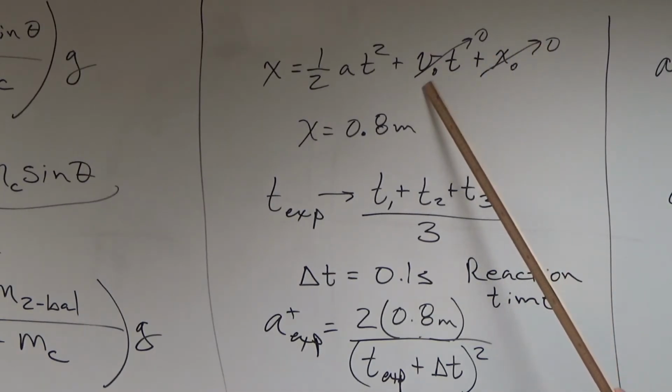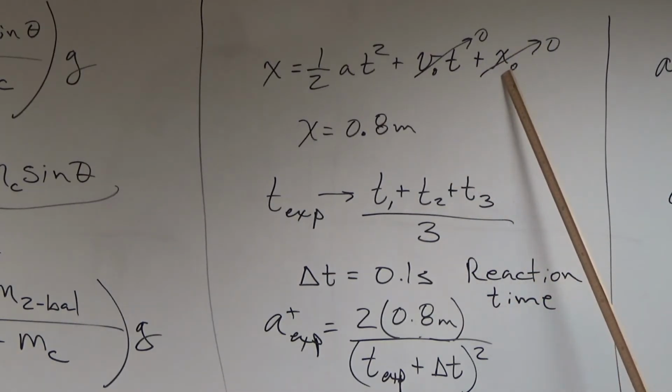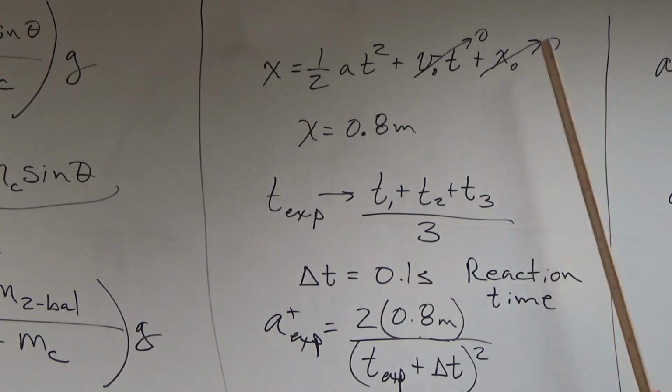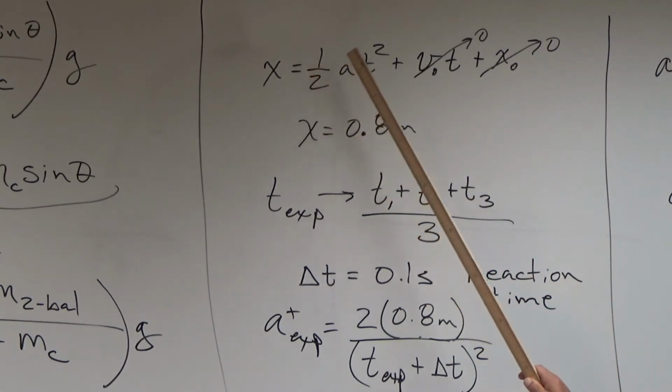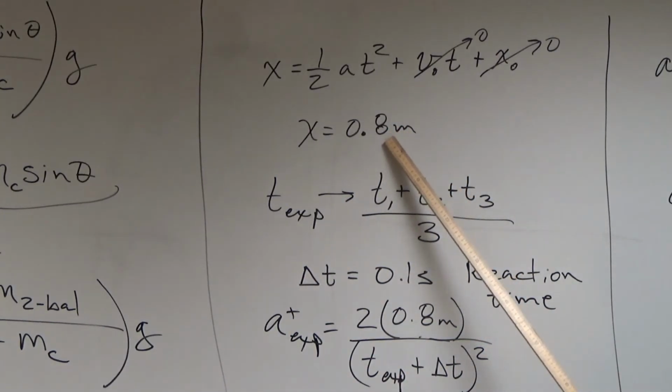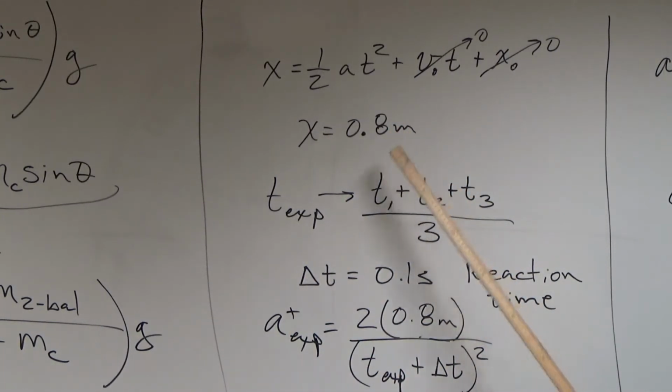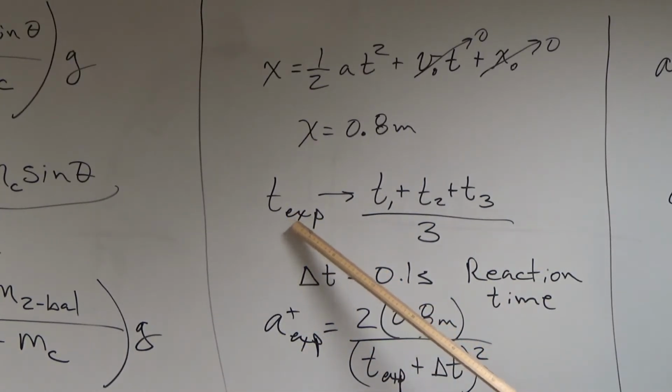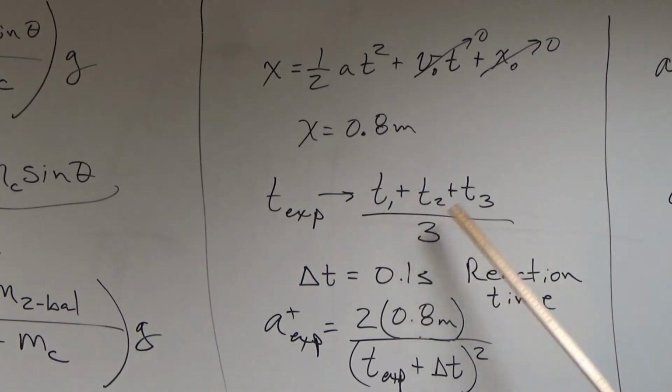We started from rest, and I'll call the starting point 0. So we have x equals 1/2 at squared. x is equal to 0.8 meters. We took 3 times. So I'm going to call t experimental T1 plus T2 plus T3 divided by 3, simply the average time.